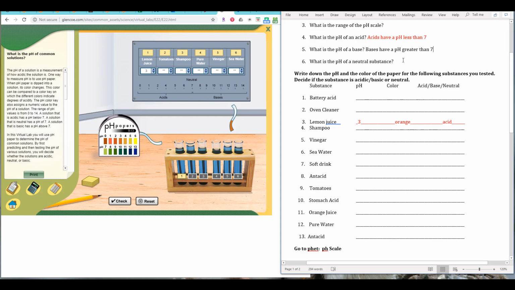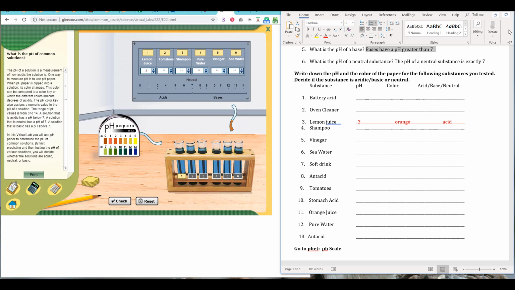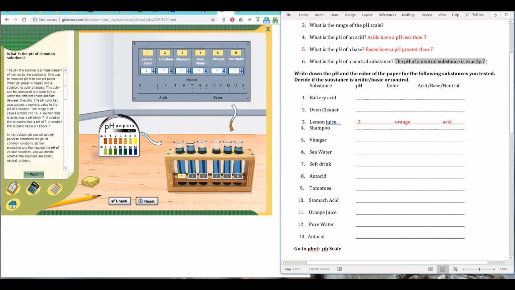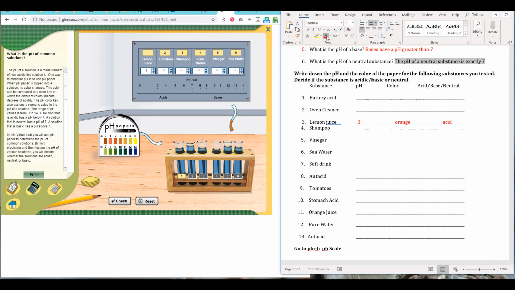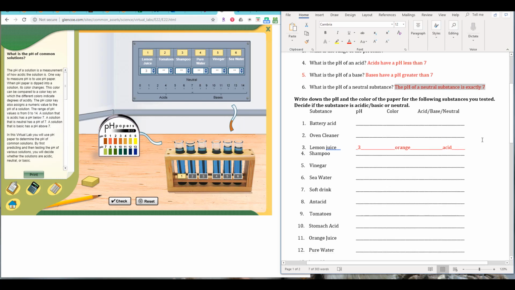And a neutral substance is exactly 7. Okay, so there we go. I've gone ahead and I've given you those answers. I'm going to leave that part up.